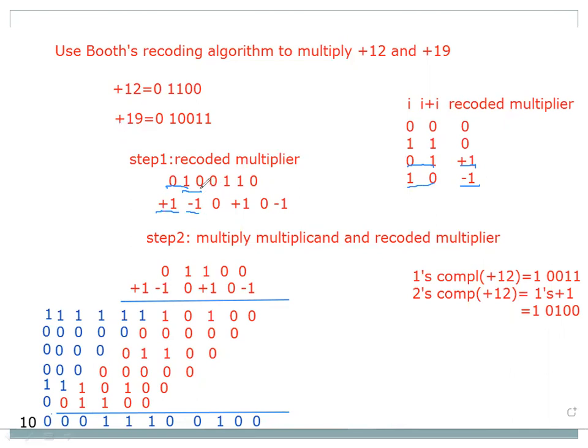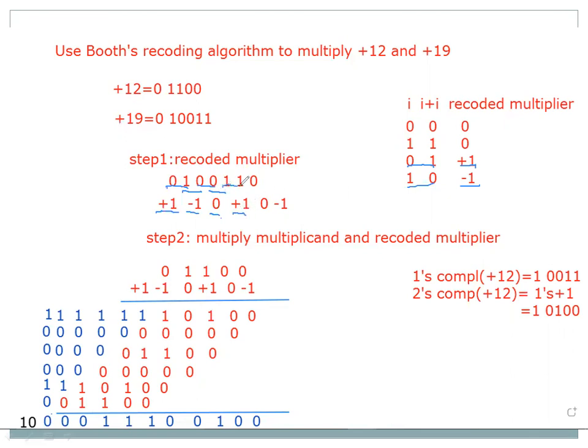Next you compare the values 0 and 0. If the two bits are the same, you write 0 in the recoded multiplier, as we all know very well. Next you compare 0 and 1. 0 and 1 means plus 1, so you write plus 1 in the recoded multiplier.